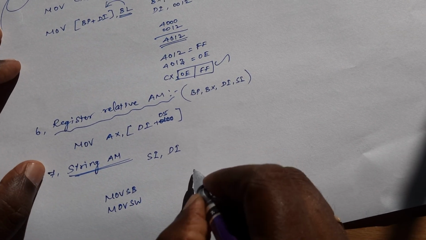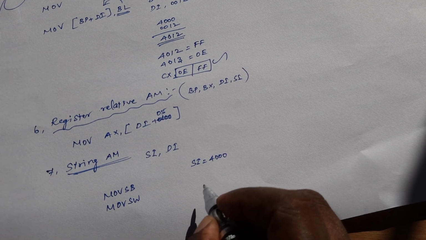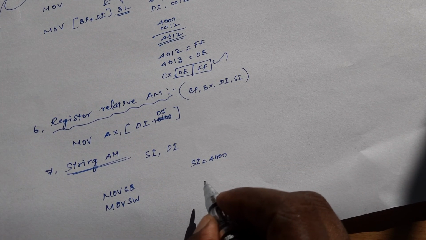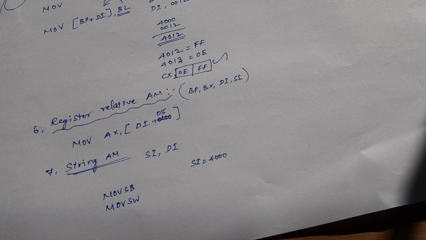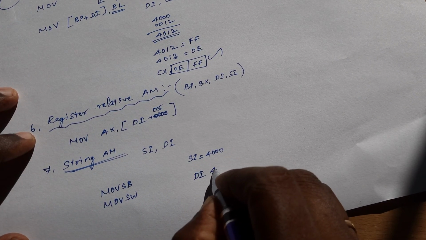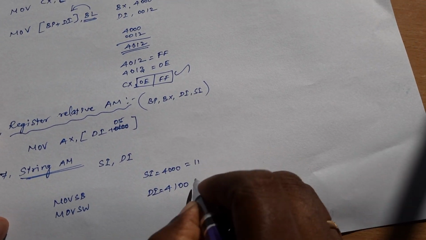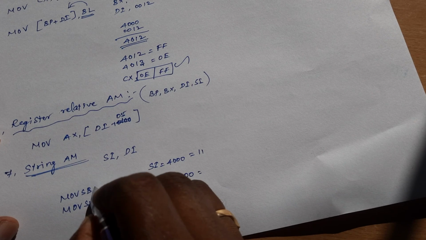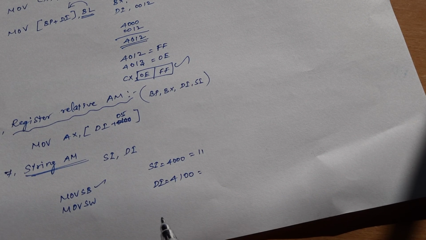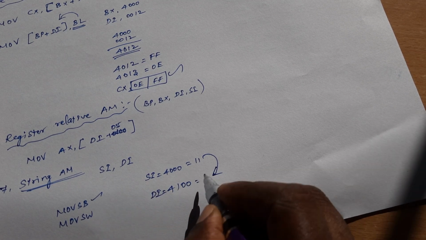Say source index has, for example, 4000, and destination index has, for example, 4100, and this has the number 11. And what happens, move string byte actually moves the value of 11 to the destination after execution of this instruction.